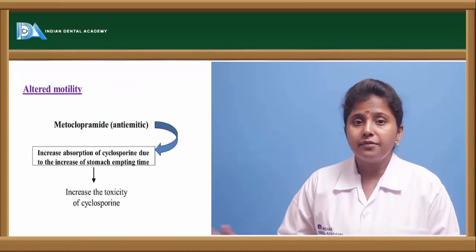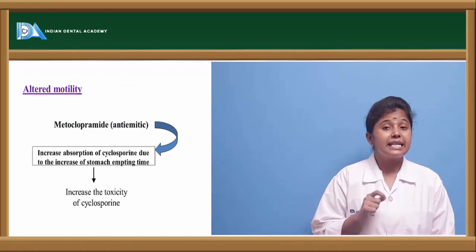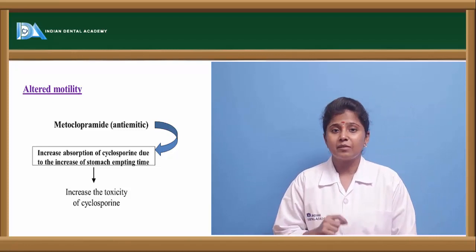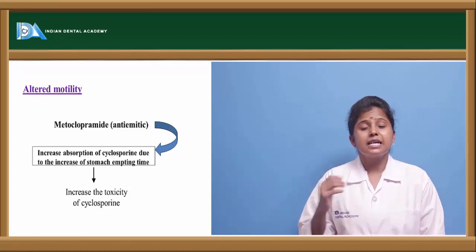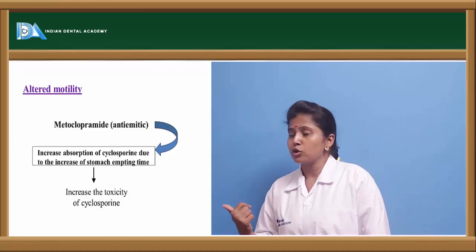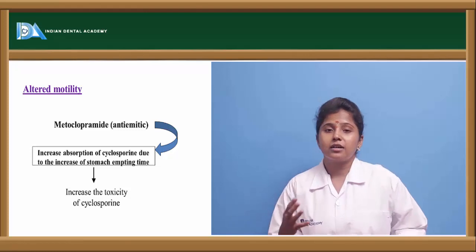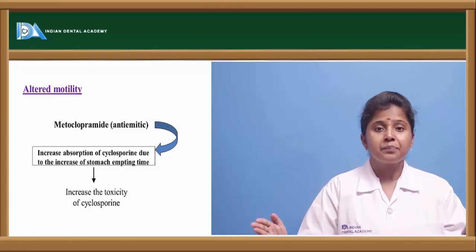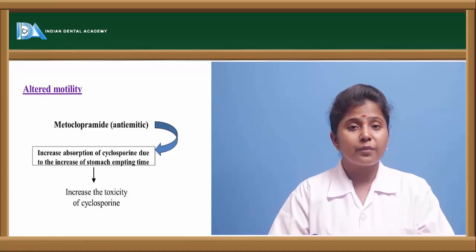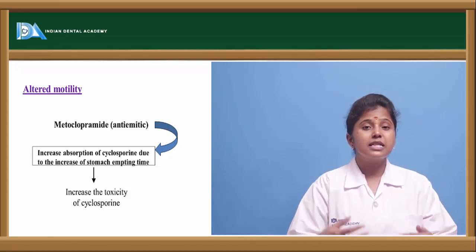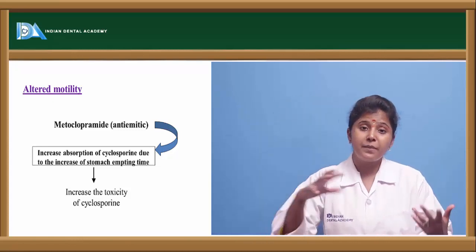Altered motility. Take the example of a drug like metoclopramide. Metoclopramide is an anti-emetic drug, so it prevents emesis or vomiting. Here metoclopramide increases the absorption of cyclosporin because of the gastric emptying time. If we combine metoclopramide with cyclosporin, the gastric emptying time, in the sense the time taken for the contents of the stomach to move out, will be reduced.